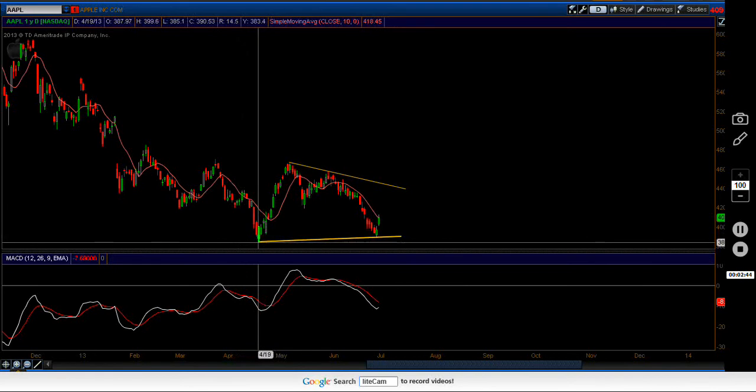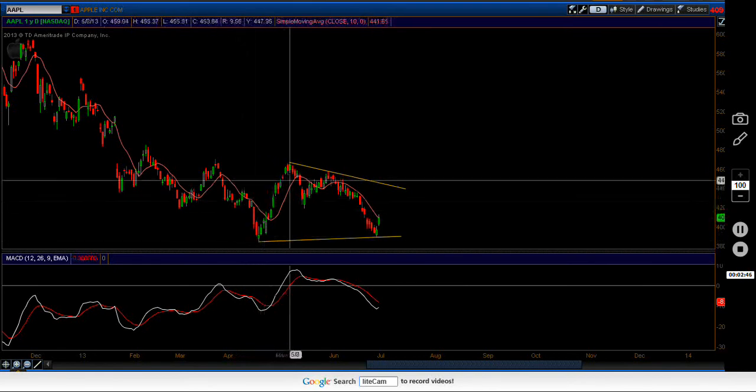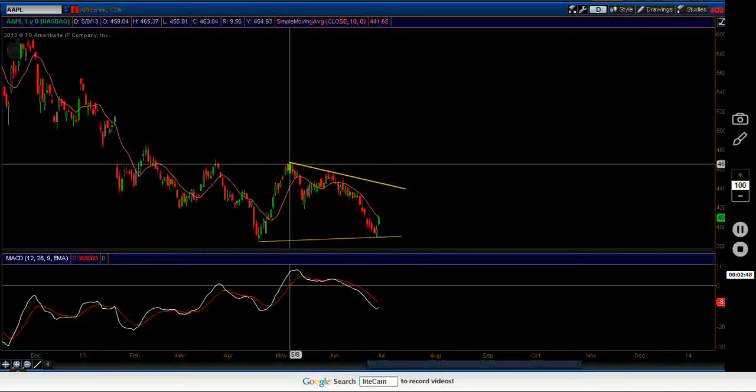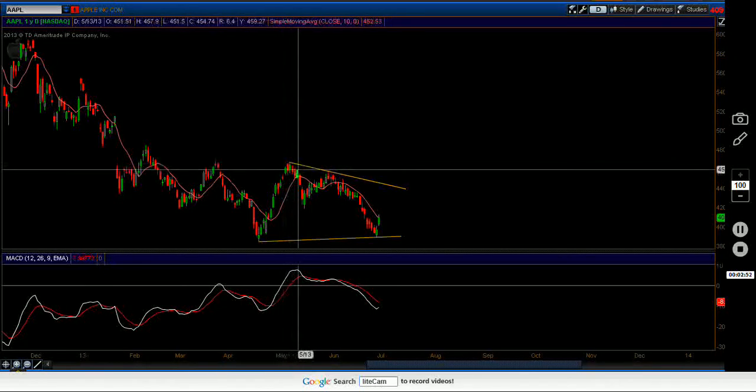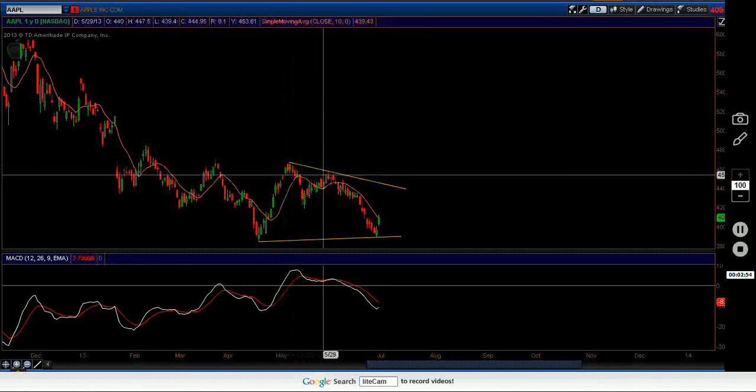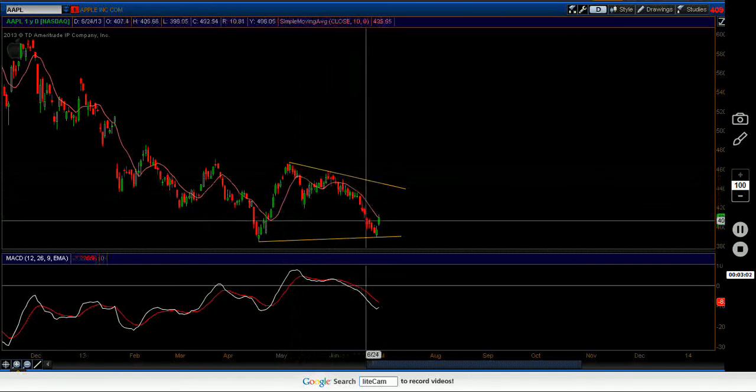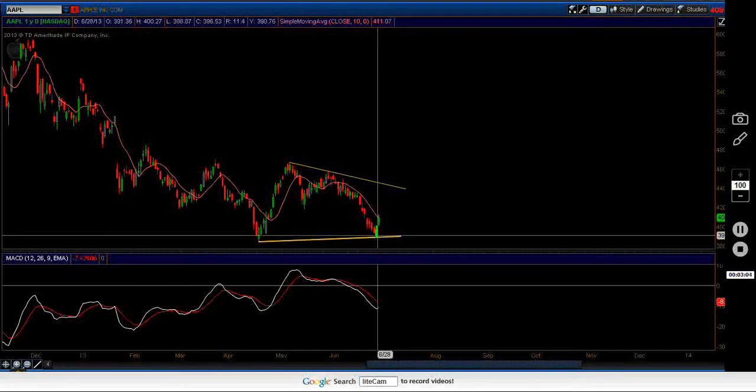It pivoted off this 385 mark and came back up to 465, which was the most recent high that we're going to be considering, really, with any sort of significance. And then it made another high somewhere around 458 here, just at the end of May, before retracing, coming back down all the way to 389, which was Friday.